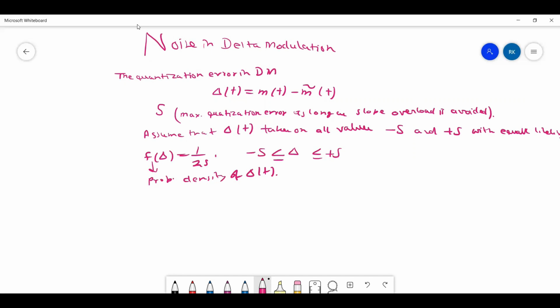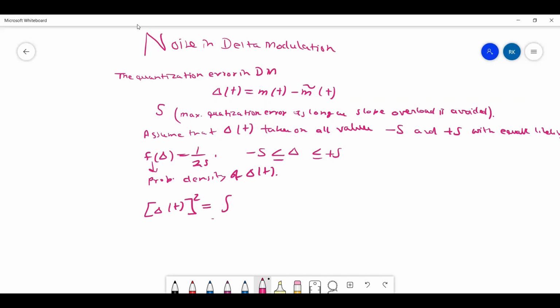So if you have probability density function of a particular quantity, you can always calculate the normalized power, which is the signal squared. The area under the curve of the signal is the normalized power.